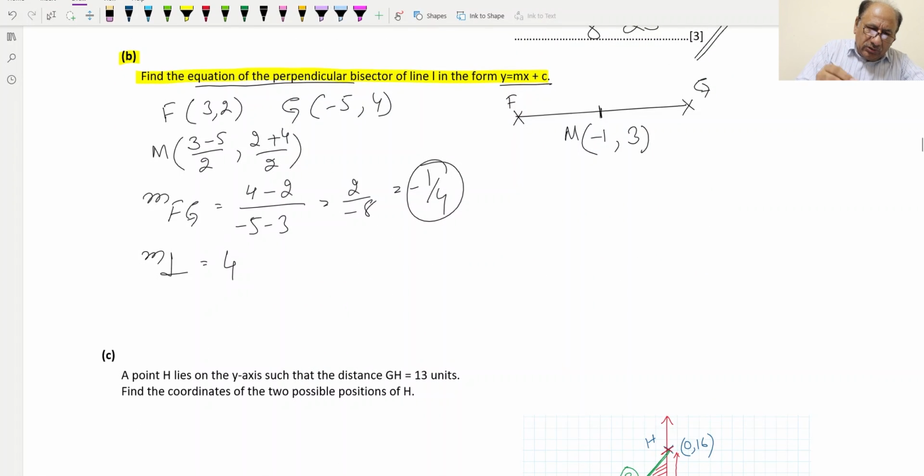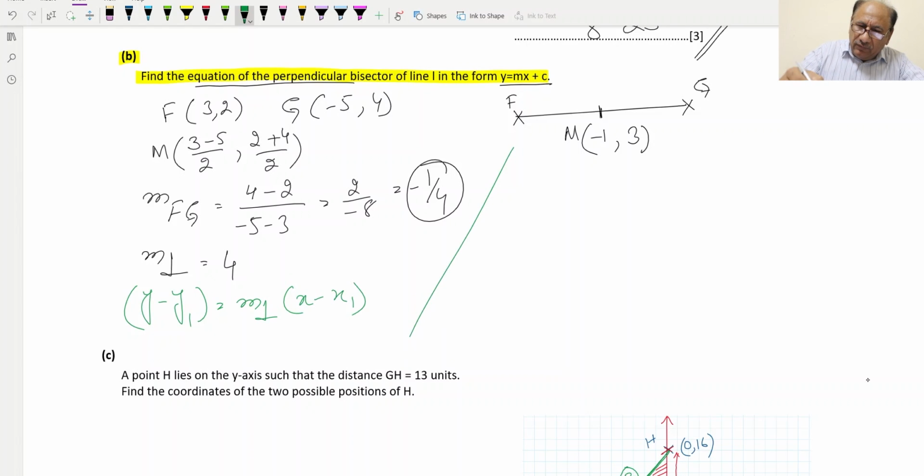And to write the equation, we can write in point-slope form. So y minus y1 is equal to m of the perpendicular into x minus x1. We will be using this, and we will be writing that equation. So we can write y minus y1, we are using this point, so it will be y minus 3 is equal to m, the gradient which we have taken over here as 4, and this is the gradient of the perpendicular, and x minus x1 will be x plus 1, since x1 is minus 1.